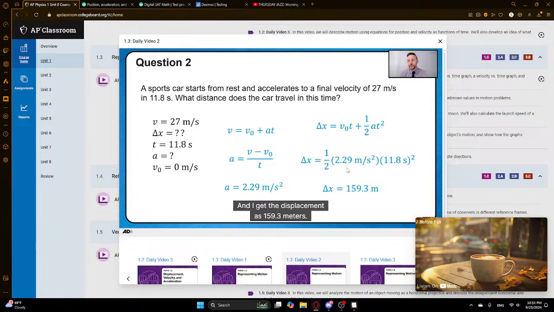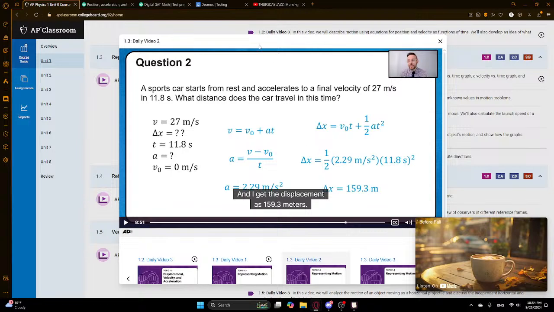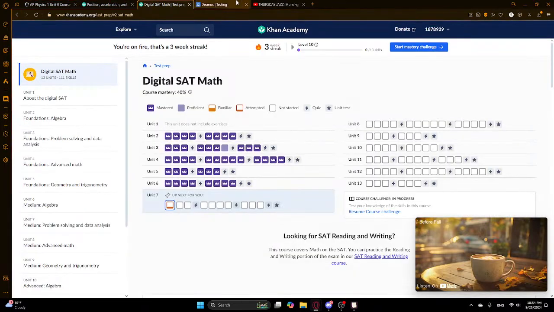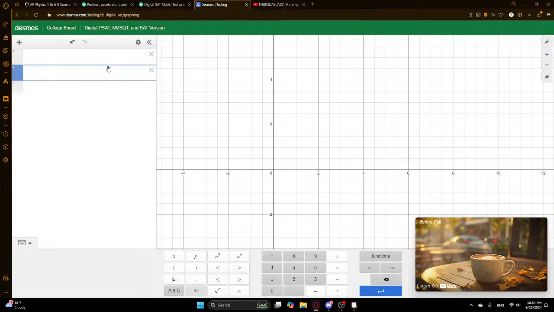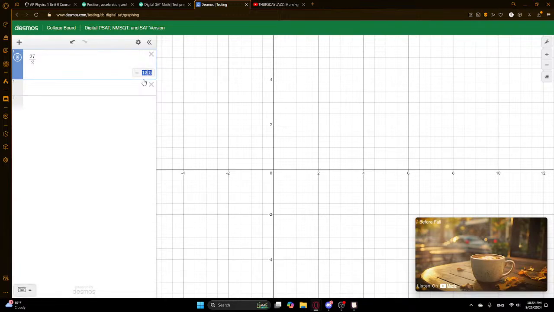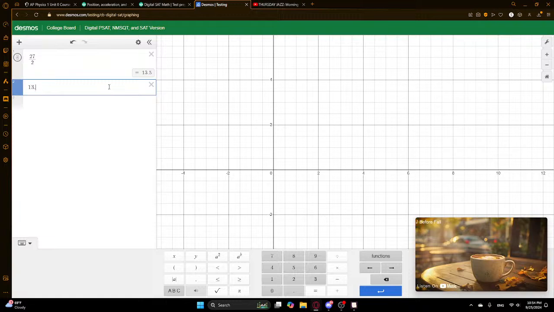I have a mini equation down here, and it says that the change in position is equal to 0 plus 27 over 2 times 11.8. No way this works. 27 over 2 times 11.8 is 159.3.